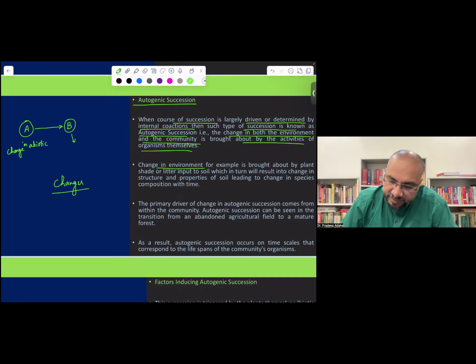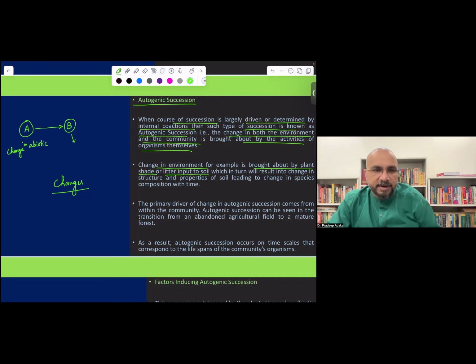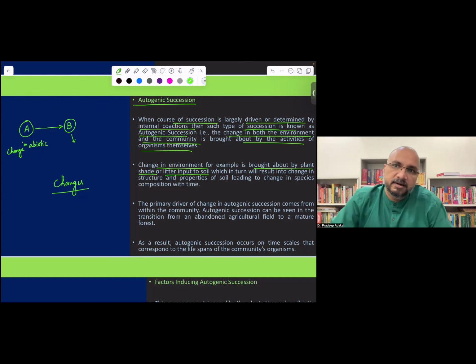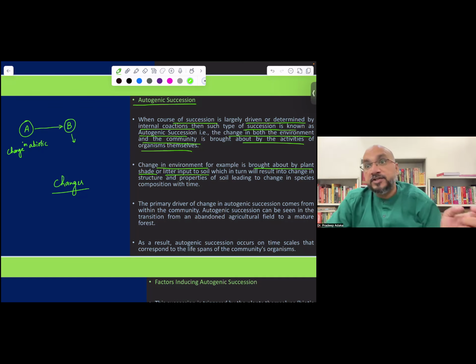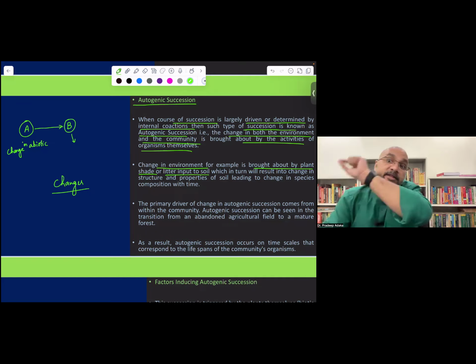Change in the environment, for example, is brought about by plant shade or plant input to the soil. Plant अपना organic matter add कर रहा है या फिर plant shade कर रहा है. So this is because of the biotic community, because of the species living there. They are bringing changes to the environment. This will change the abiotic conditions, which will become more favorable for another species that will later take over the area.